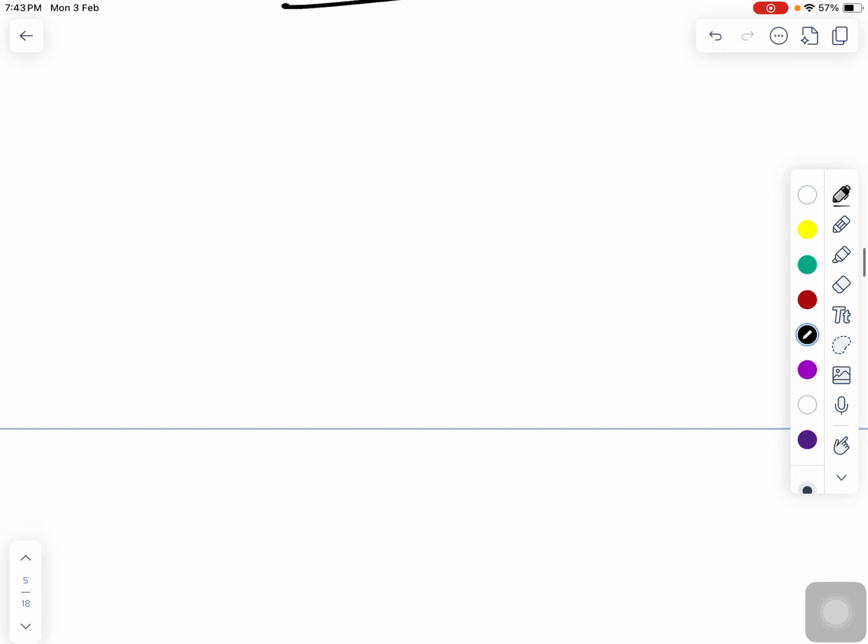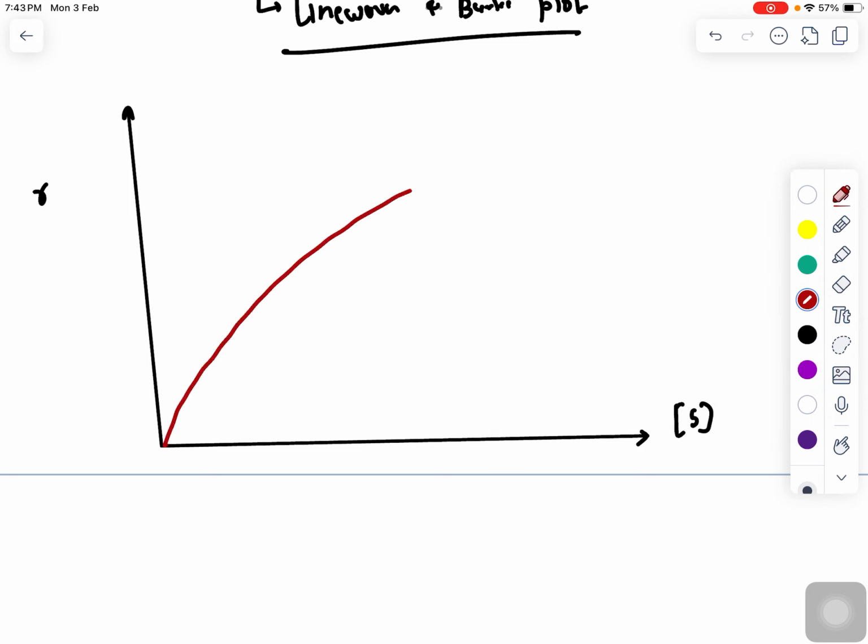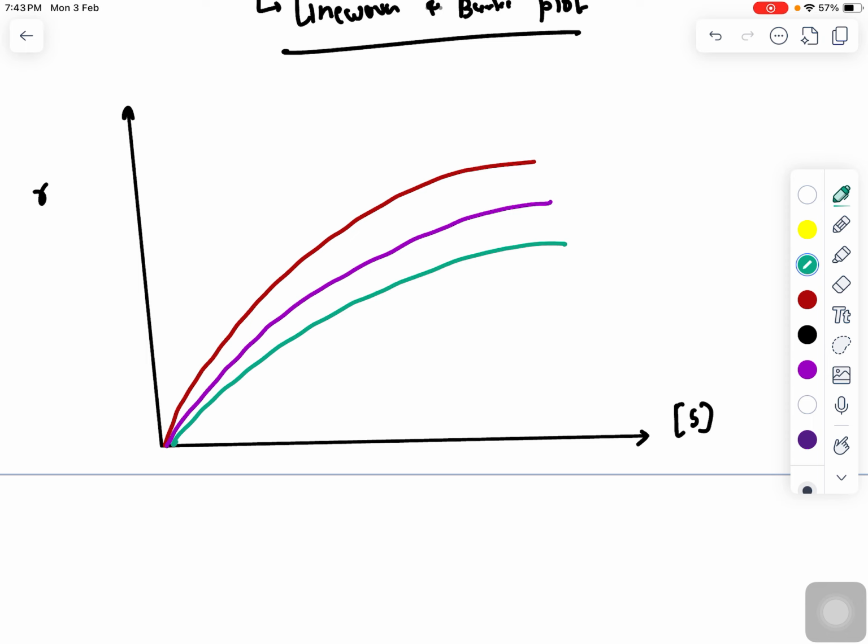Now one more thing. If you have been given this kind of curve, R versus concentration of S, and let's say you have three substrates something like that, and Vmax is this one.